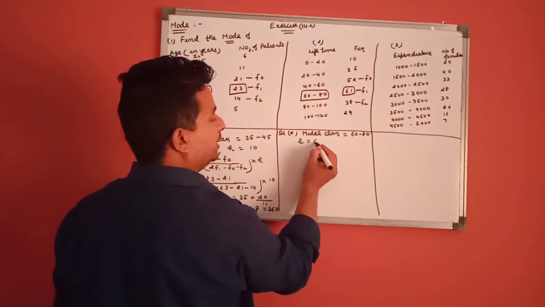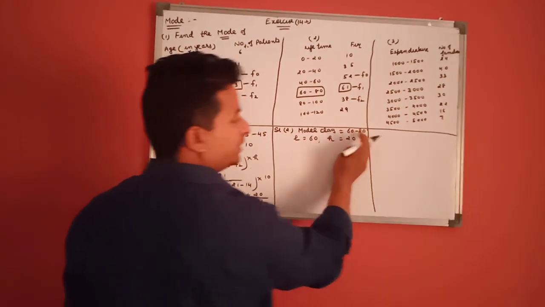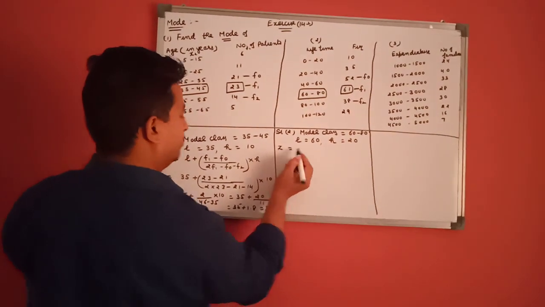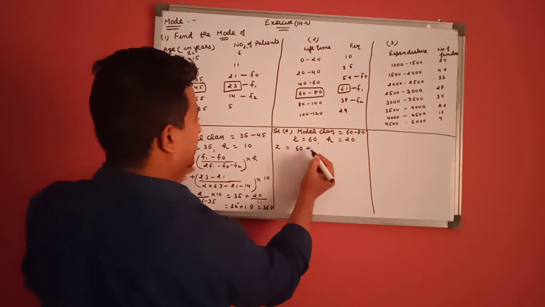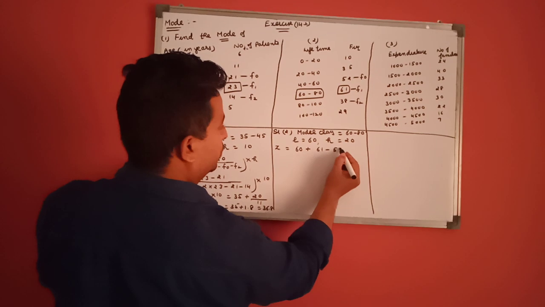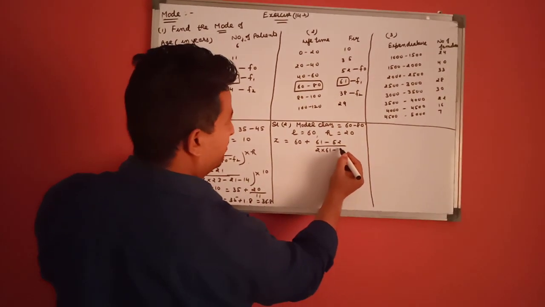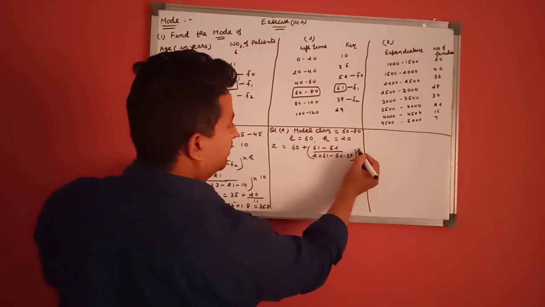In this, the lower limit is 60 and the class size is 20. And the mode Z is equal to L, which is 60, plus f1 which is 61, minus f0 which is 52, over 2 into 61 minus 52 minus 38, multiplied by 20.